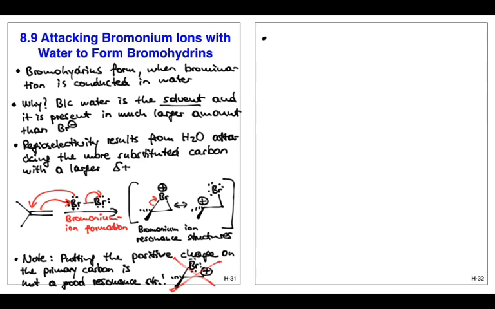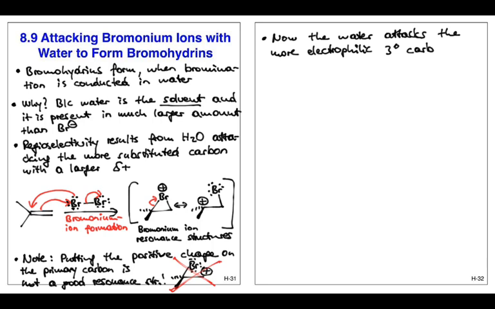So this means there is a fairly strong partial positive charge, because of the resonance structure up there, on the tertiary carbon atom, which is attached to the carbon which is attached to the bromine. And so the water will now attack that carbon in the second step.